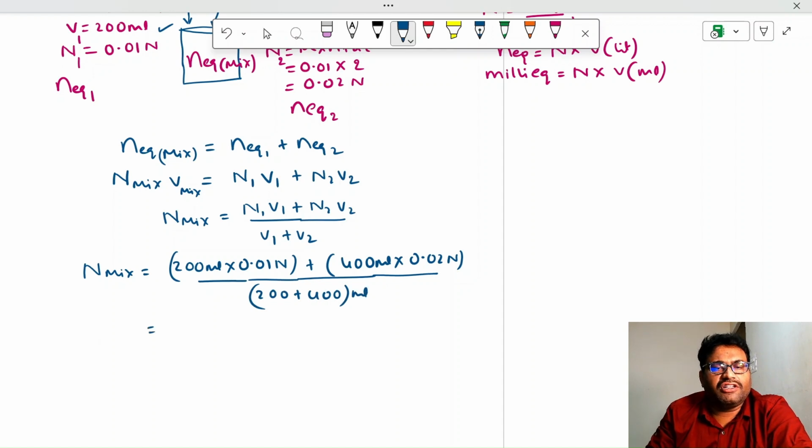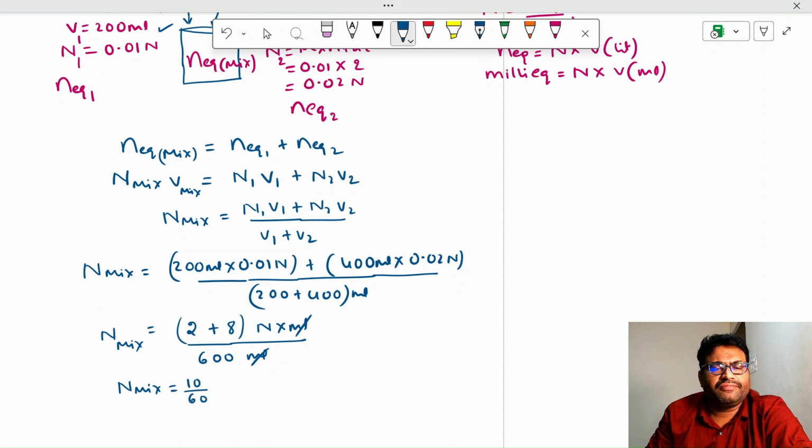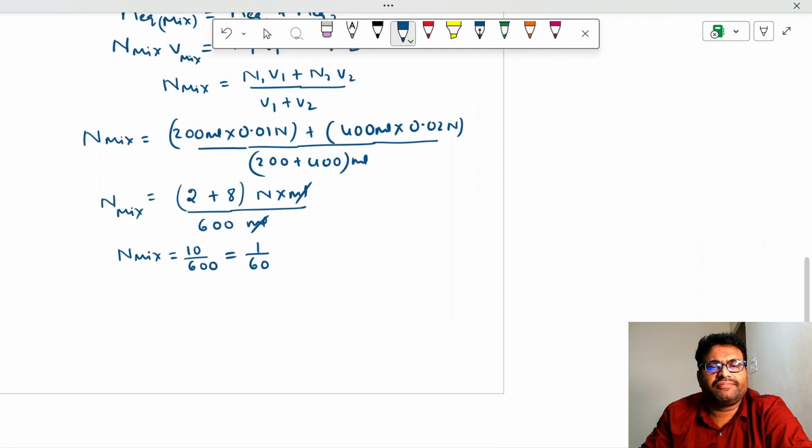This is equal to 200 into 0.01 plus 400 into 0.02, which gives 2 plus 8, that is 10 N ml, by 600 ml. As both are in ml, we can cancel them. Then the normality of the mix is equal to 10 by 600, that is 1 by 60.